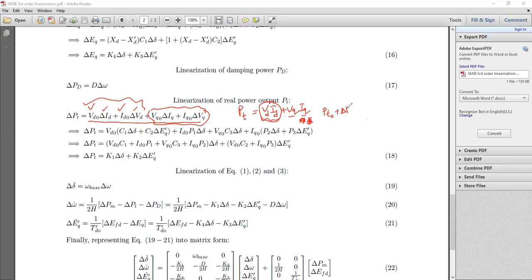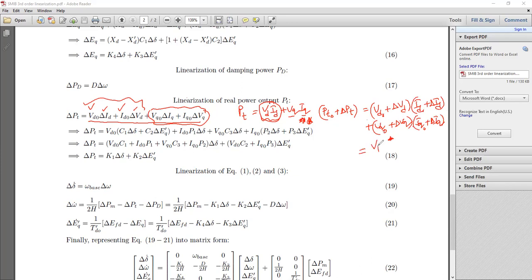PT0 plus del PT is the left hand side, and then you simply represent everything like this. VD0 plus del VD. You get the idea? ID0 plus del ID plus VQ0 plus del VQ, multiplied by IQ0 plus del IQ. Okay.